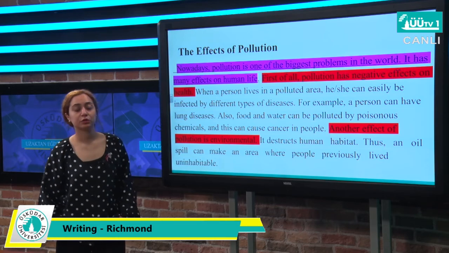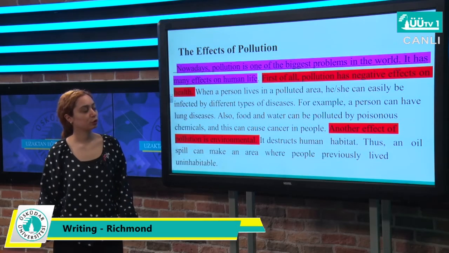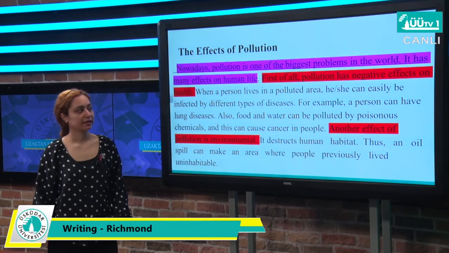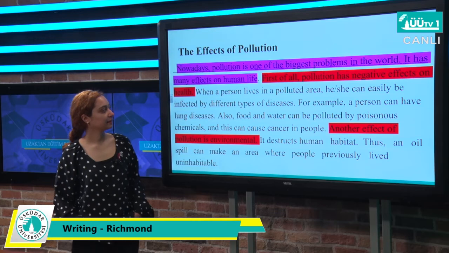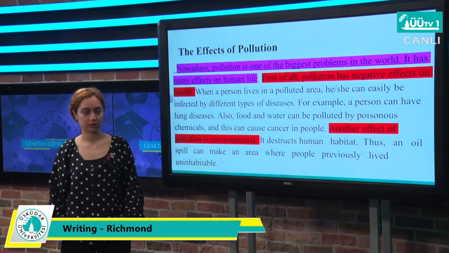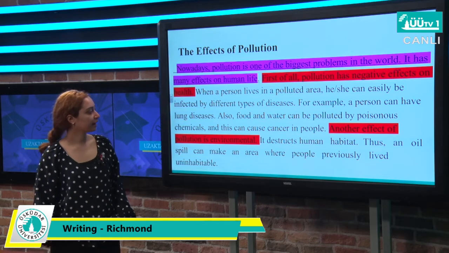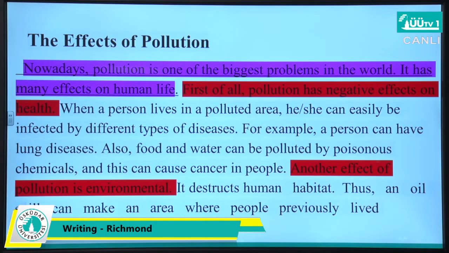Then it starts to give details. When a person lives in a polluted area, he or she can easily be infected by different types of diseases. For example, a person can have lung diseases.